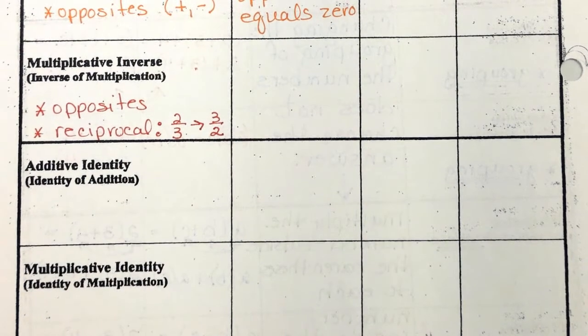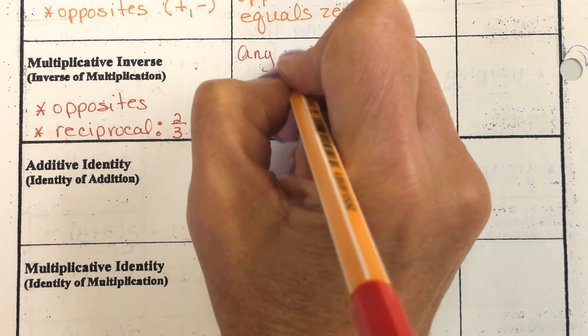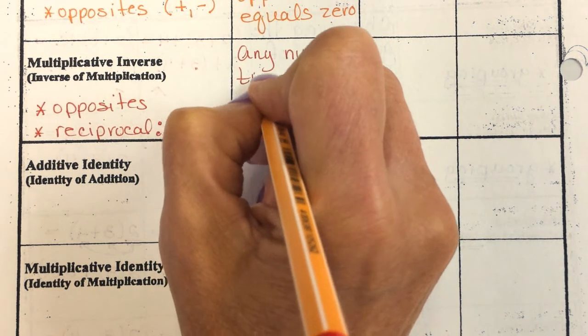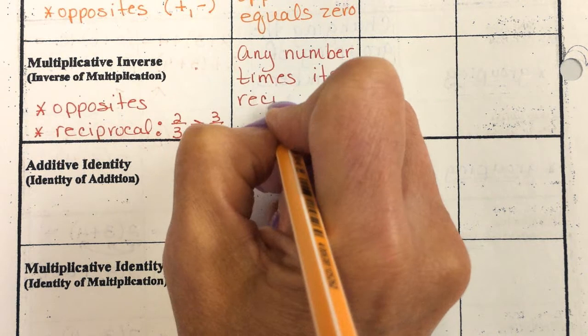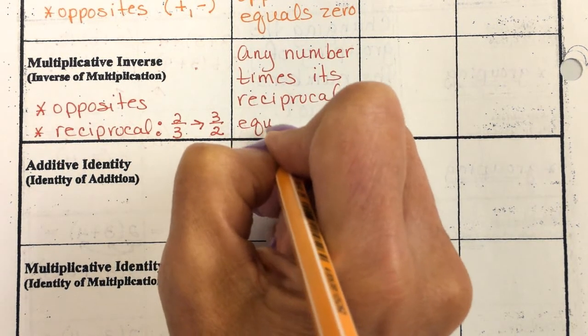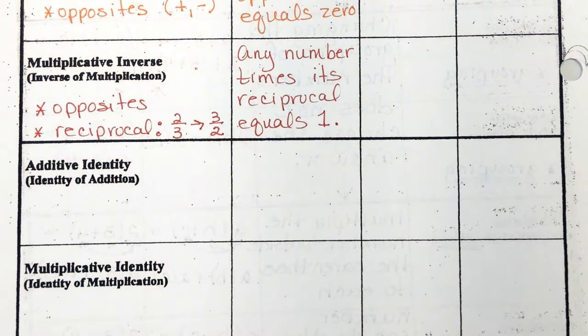So let's go ahead and get a definition here. Any number times its reciprocal equals 1. Okay, that's your definition.